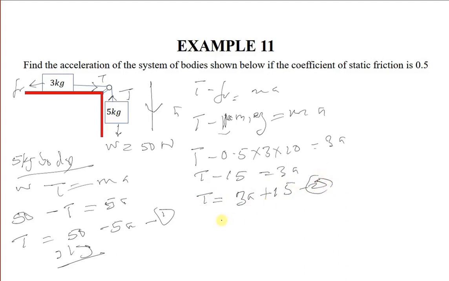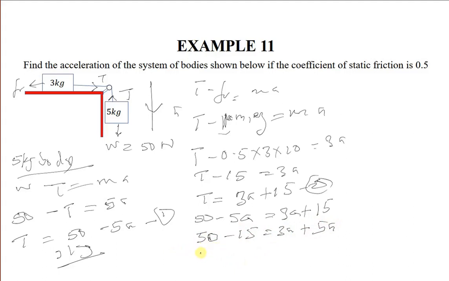Equation 1 and 2 are equal. So I'm going to have equation 1: 50 minus 5a is equals to 3a plus 15. Let's collect like terms. 50 minus 15 is equals to 3a plus 5a.